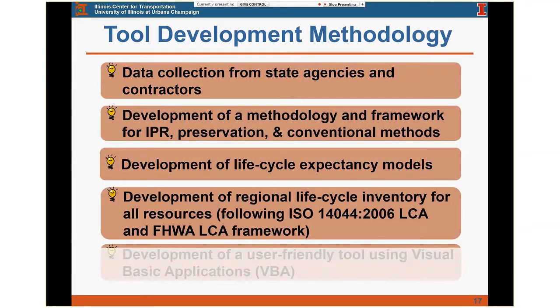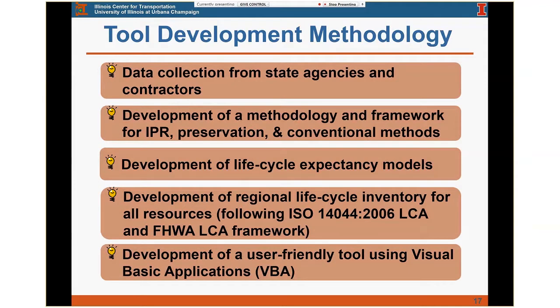So with that in mind, we have a methodology that we put together to develop a tool. This includes collecting information and data from contractors as well as agencies, and Hasan will talk about this in a minute. We looked into developing a methodology and framework for both in-place recycling and preservation, and we have to compare this to, of course, conventional hot mix asphalt placement.